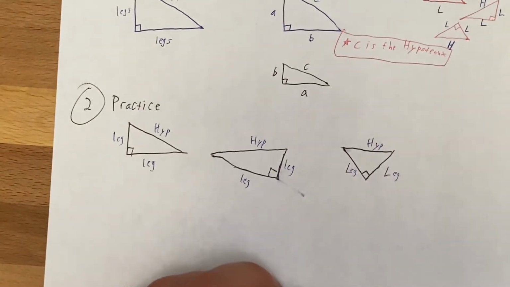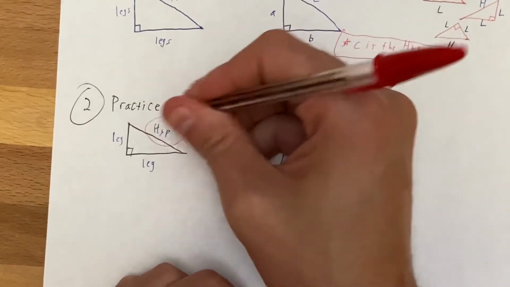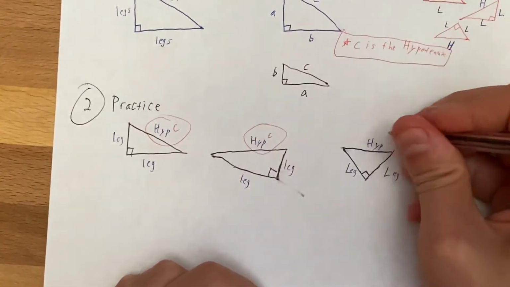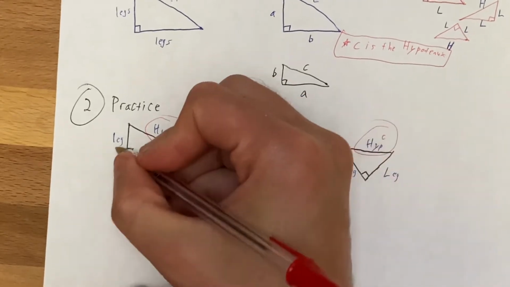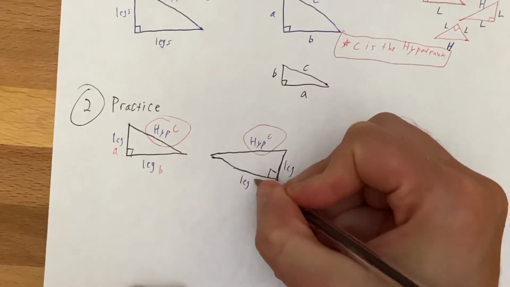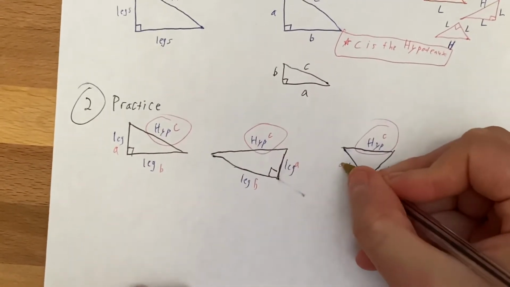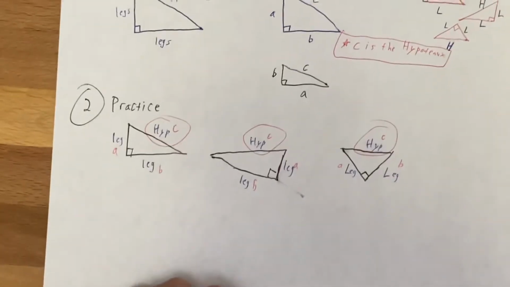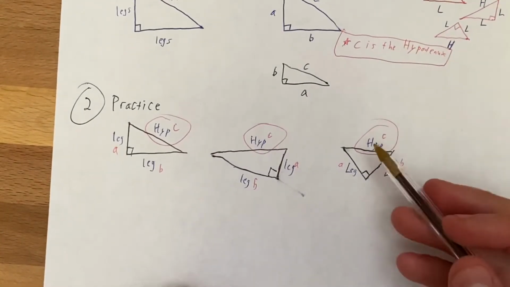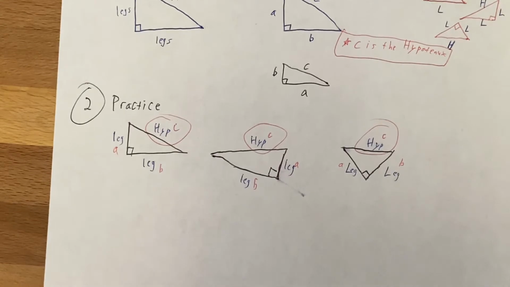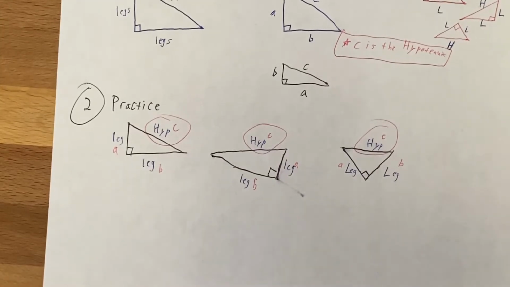And once again, just make sure you know, C is going to be the hypotenuse. That's the one that's labeled. The other ones don't matter. I could do AB, I could do BA, whatever. It doesn't matter. But the legs are going to be A and B, and the hypotenuse is C. Okay, so hopefully you got all those right. If not, you can go ahead and rewind, and hopefully it'll make sense the second time.